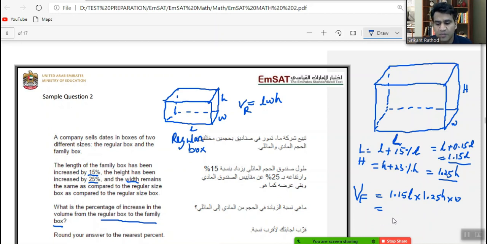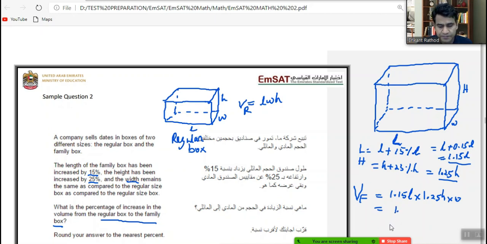When we multiply 1.15 with 1.25, what value are we going to get? We get a value here as 1.4375. So this is 1.4375 times length into width into height. It means your volume got increased by this value, 1.4375.